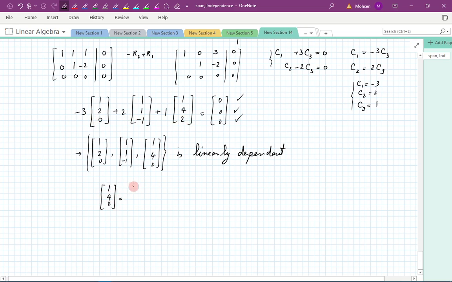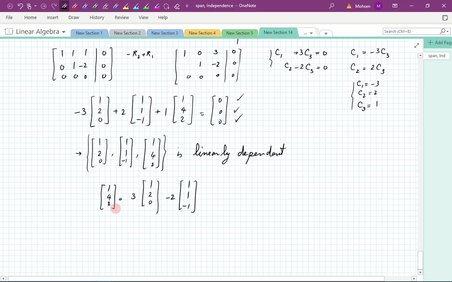Taking this to the other side means take 3 of these, like a cooking recipe. Take 3 of these things, and then when this goes to the other side, it becomes minus 2 of 1, 1, minus 1. So one of these things is a linear combination of the other two. Of course, once you have one of these relationships, you can drag any of these things to one side and leave the other ones to the other side.